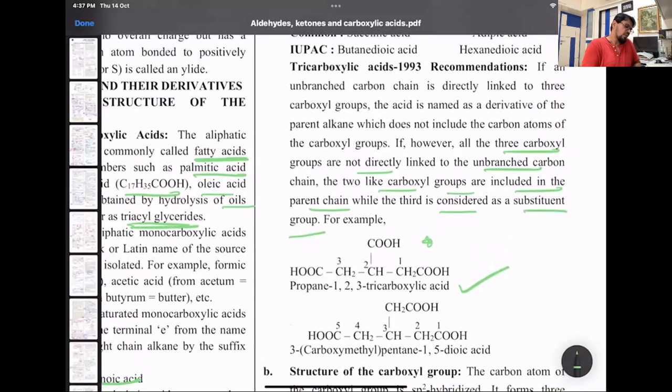So that's what it says. If an unbranched carbon chain is directly linked to 3 carboxyl groups, then the acid is named as a derivative of the alkane. Whereas look at the second compound, now the COOH is not directly attached to the main chain. It's attached to CH2. Then I considered 2 and the third is taken as a branch.